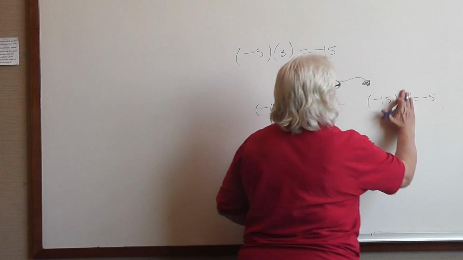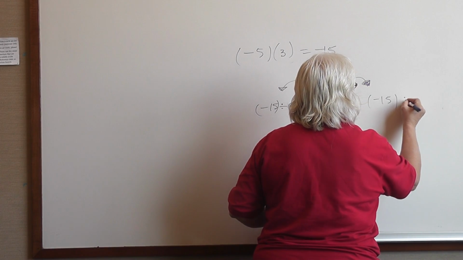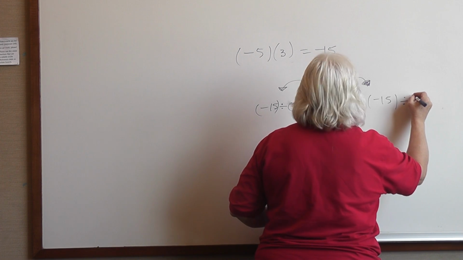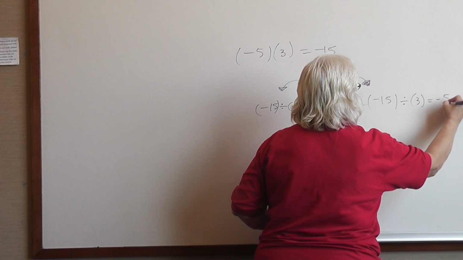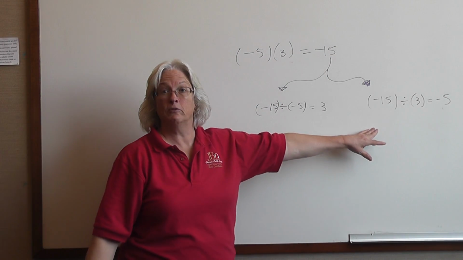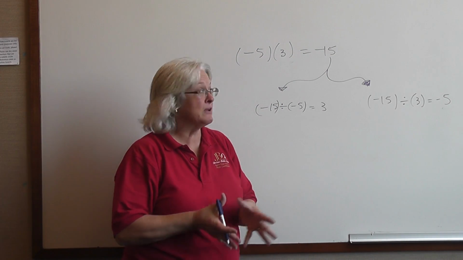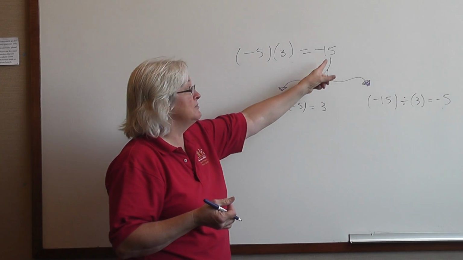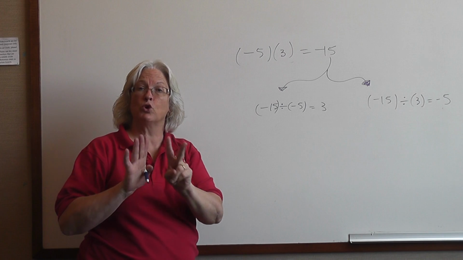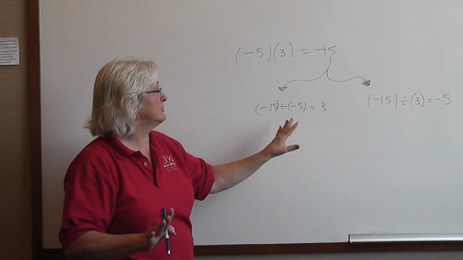The product of negative 15 divided by the other factor gives you the remaining factor. You have a multiplication problem, the inverse is a division problem, and you have a choice of two different division problems.